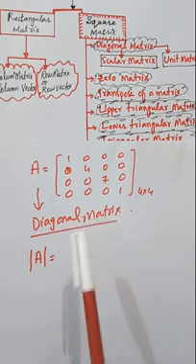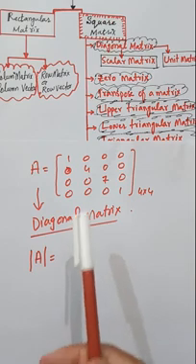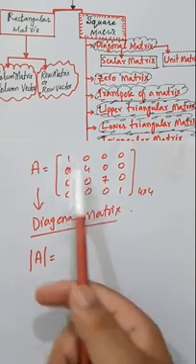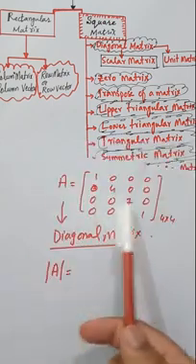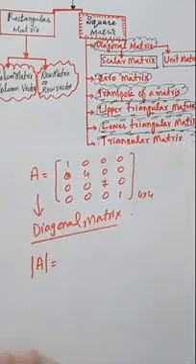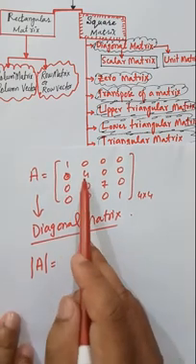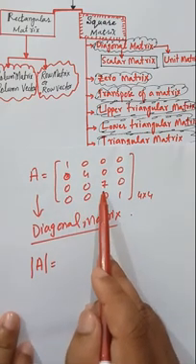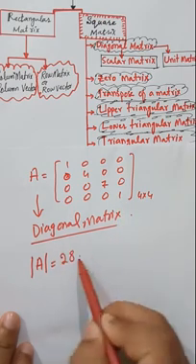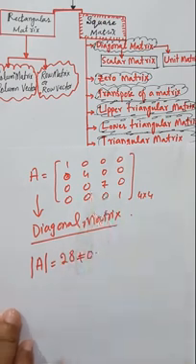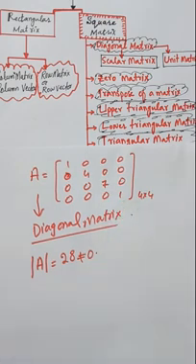But if it is a diagonal matrix, you just need to multiply the diagonal elements and you will get the determinant. So 1 multiplied by 4 is 4, 4 multiplied by 7 is 28, 28 multiplied by 1 gives 28. So 28 is the determinant, and this determinant is not equal to 0. That's why this is a non-singular matrix, and you can find its inverse. We will discuss this point in the upcoming videos.